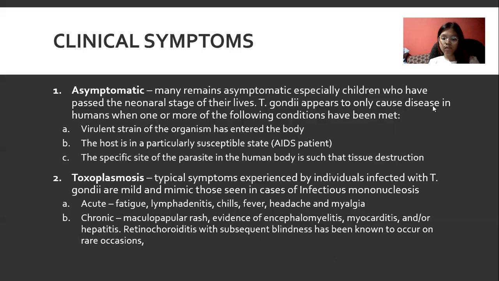While in chronic infection, the patient will have maculopapular rash, evidence of encephalomyelitis, myocarditis, and/or hepatitis. Retinochoroiditis with subsequent blindness has been known to occur on rare occasions. So, pwede pong mabulag ang patient na may toxoplasmosis.